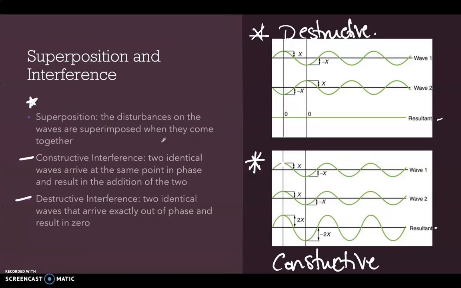and remember that when we have constructive interference, the resultant of these two waves adds up perfectly, and our amplitude is now 2 times the original amplitude. So our waves that are exactly identical with amplitudes x, when they come together, their amplitudes go to 2x because they add together.